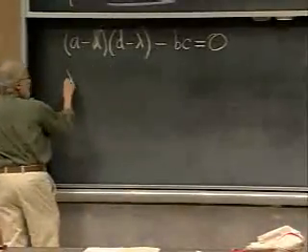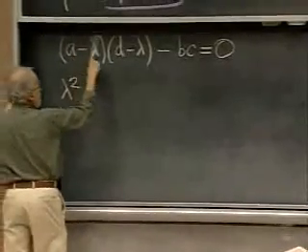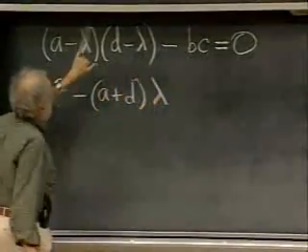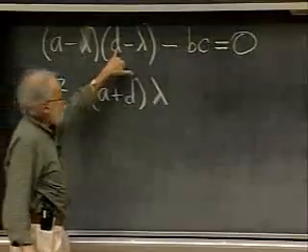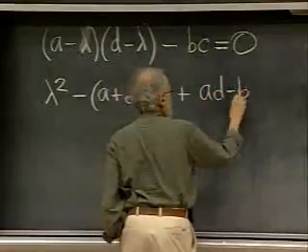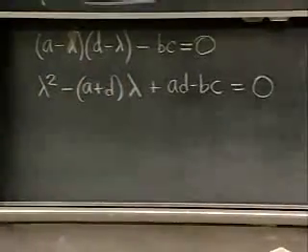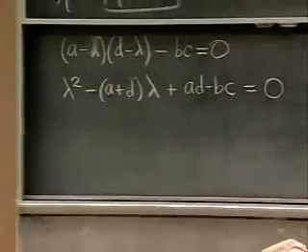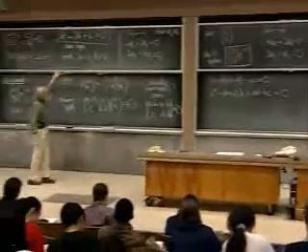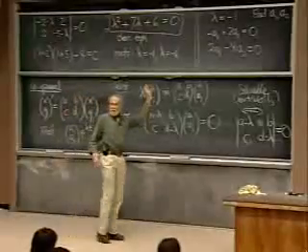It's lambda squared minus A lambda minus D lambda, plus AD is the constant term from here, negative BC from there. So plus AD minus BC. Where have I seen that before? So this equation is the general form, using letters, of what we calculated using the specific numbers before.